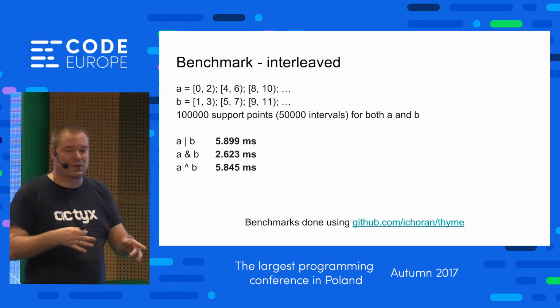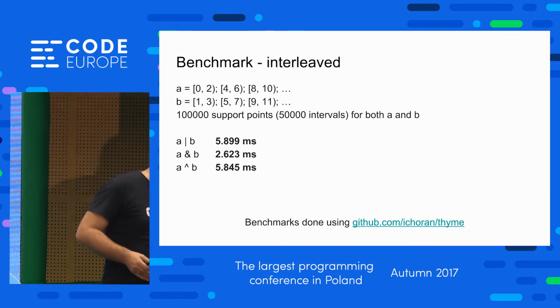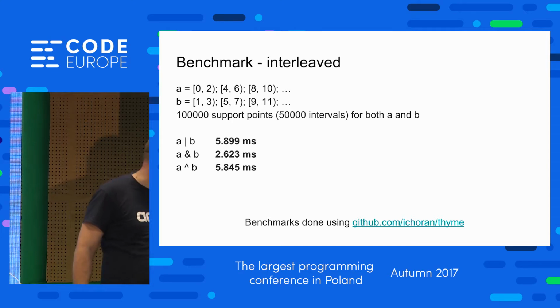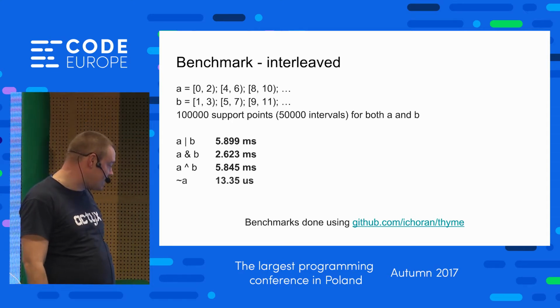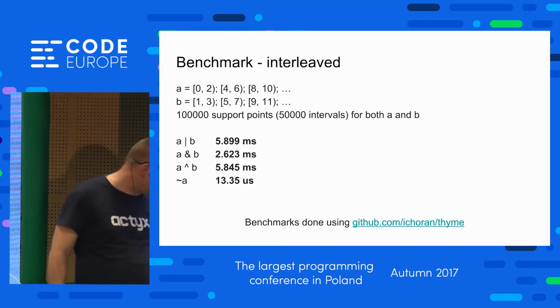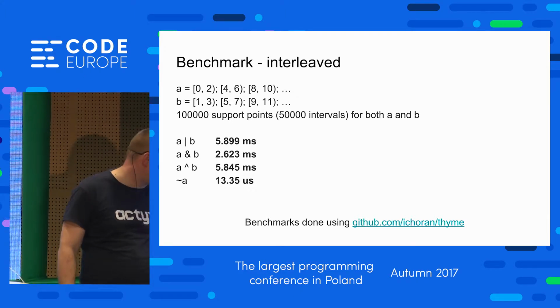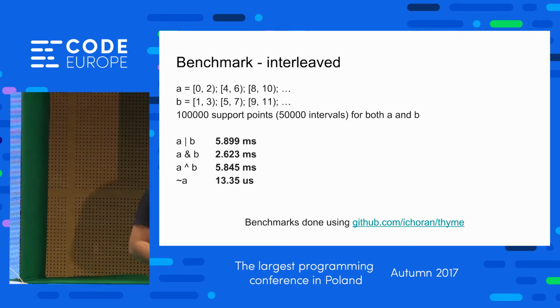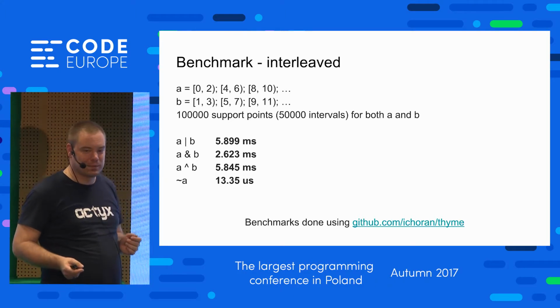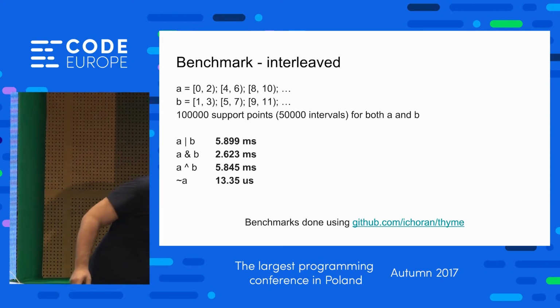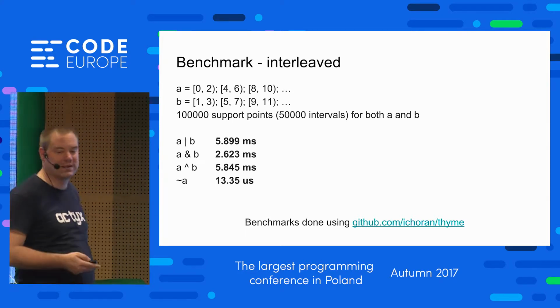I mean, all this effort with the trees, and you get just a factor of 2. Come on. And in this case, it's even a little bit faster. But one thing we can see is that negation is no longer an O(1) operation. It's still pretty fast, 30 microseconds, but it's not basically free. This is the only place where it really hurts the arrays.